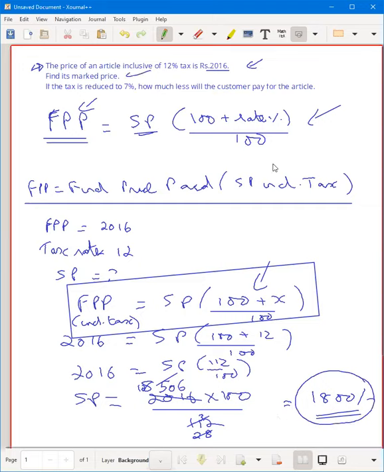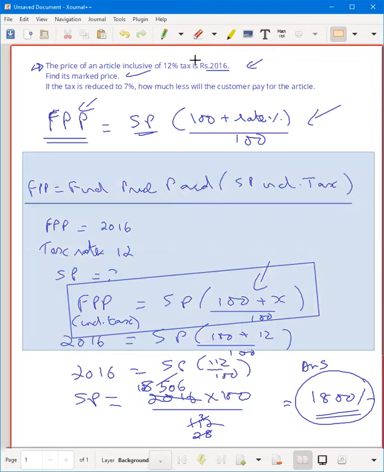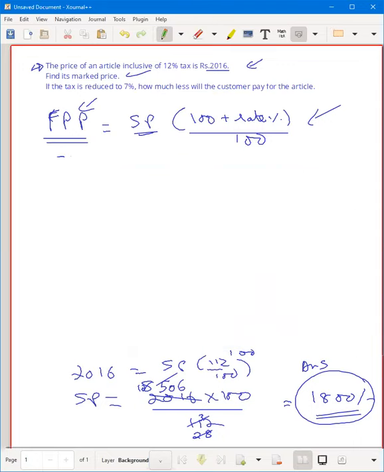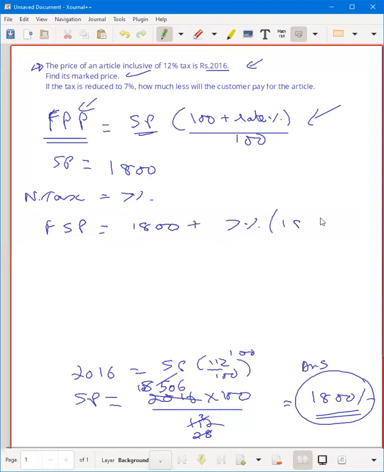Now what about the second part? If the tax is reduced to 7%, now our new selling price is 1800. The new tax is 7%. So the final price paid will be 1800 plus 7% of 1800. How much will that work out to be? Krishna, solve it quickly.